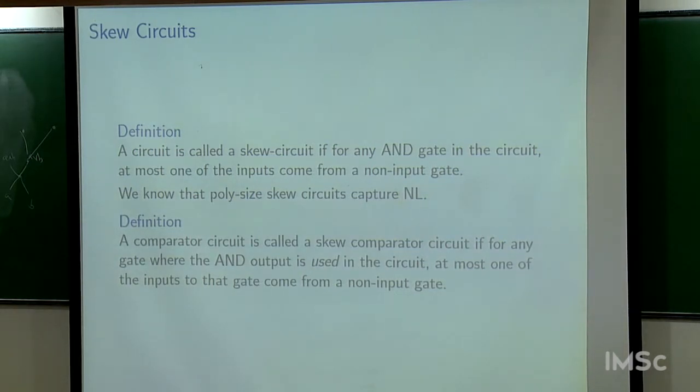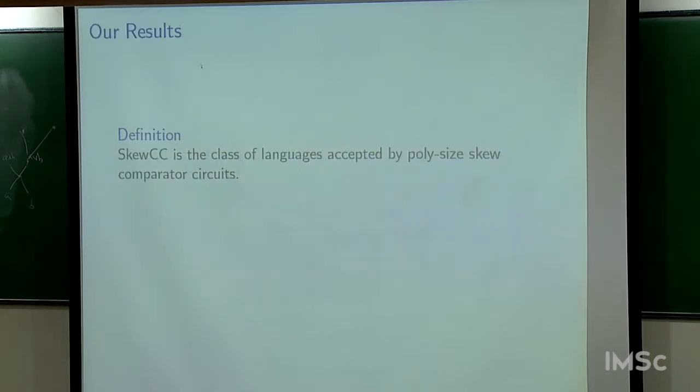So I hope that's a natural way to restrict. And we can define skew CC as the class of languages accepted by uniform polynomial size skew comparator circuits. So what is this class? This is just log space.